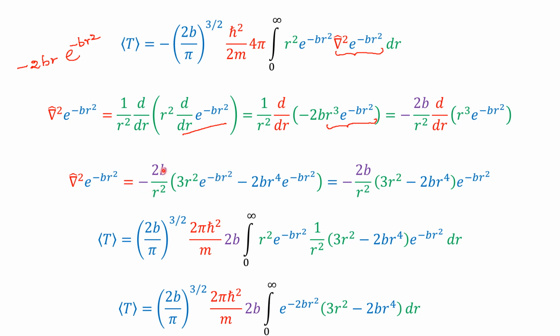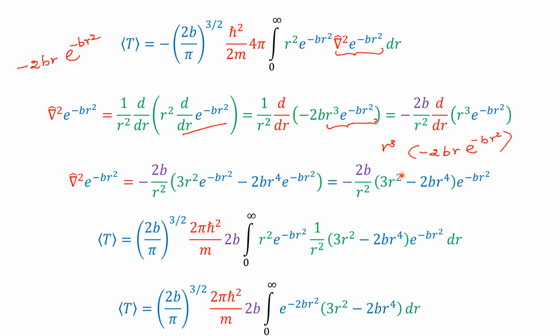Of course, you have minus 2p over r squared. Then you keep r cube as it is and differentiate the exponential term. If you differentiate that exponential term, I will get minus 2pr, then that exponential term e power minus p r squared. So now there is r cube here, and if you multiply r cube with r, you will get r power 4.